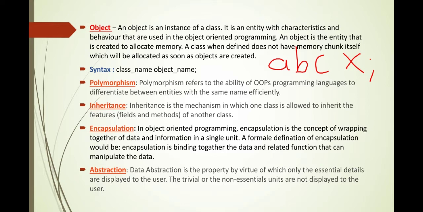Now the next feature is polymorphism. The word polymorphism means, poly means many and morphism means form. It refers to the ability of an object oriented programming language to differentiate between entities with the same name.